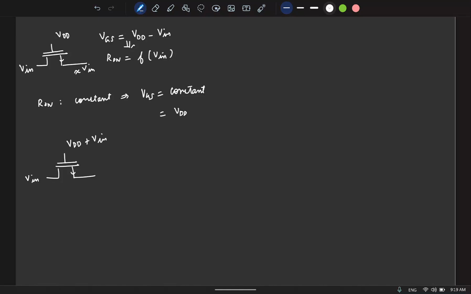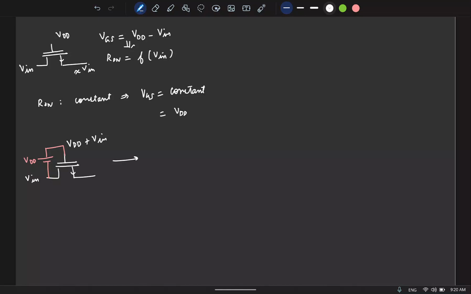Sorry. Now this has a constant VGS of VDD. So in principle what I am doing is taking a battery of value VDD and putting it across this. If I were able to do this, it should work. But of course I can't send one battery for each switch in my circuit.